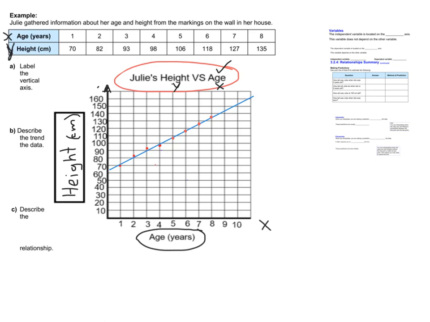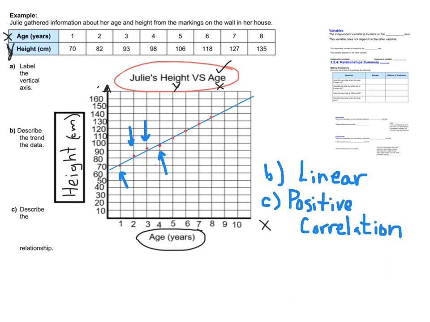And then there's a couple of points just below this line, and it's almost touching the line, and there's 2 points on top of the line. And they're pretty much touching the line as well. I mean, the description of this would definitely be linear, and it is definitely a positive correlation. So I've answered those two.